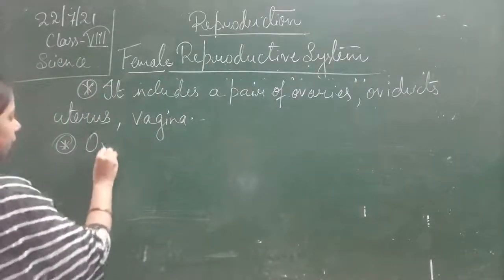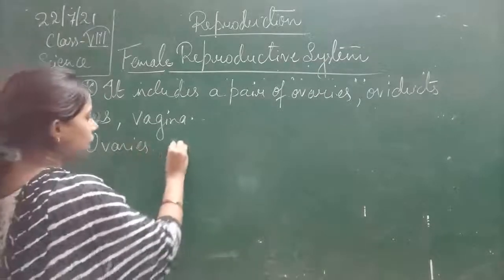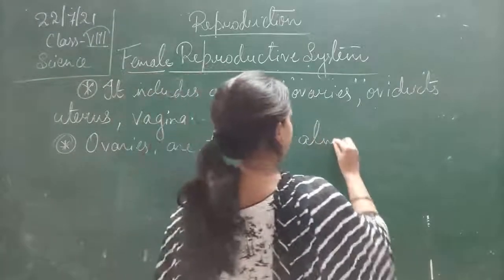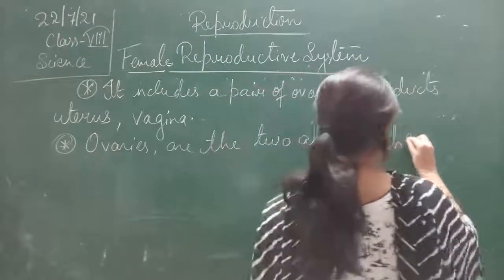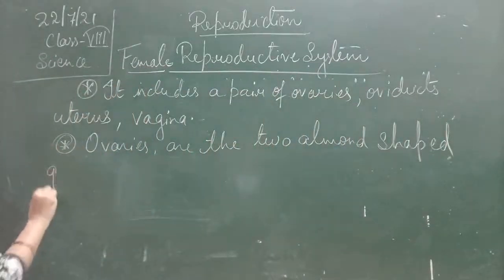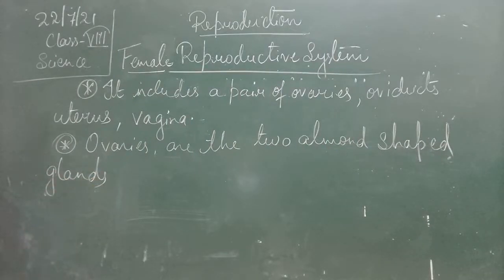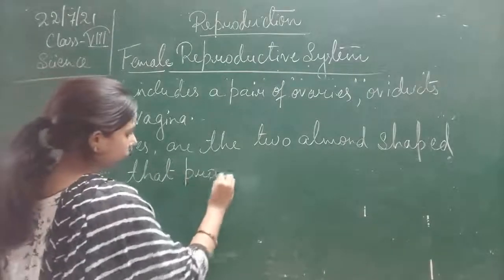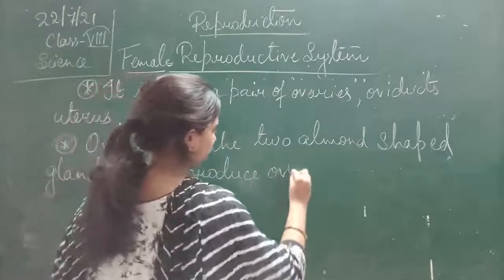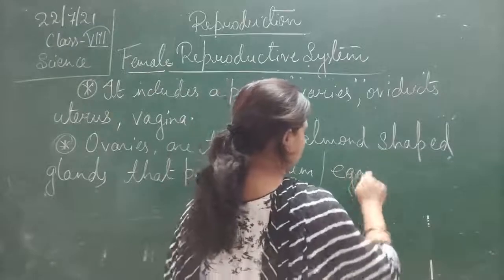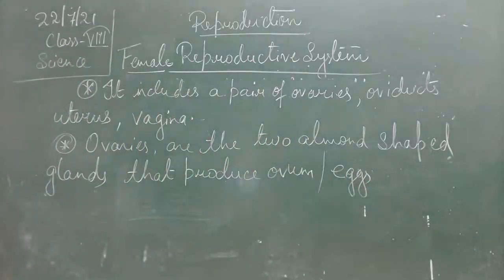Ovaries are two almond shaped glands that produce ovum, or we can say egg, ovum or eggs.